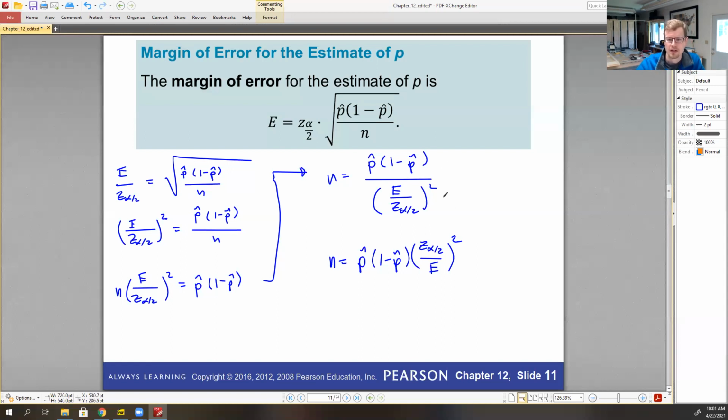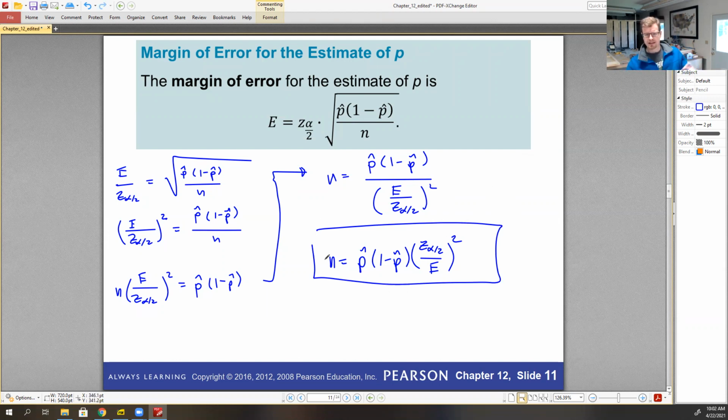Excellent. If you're curious about how it works with it being squared, you can recognize that the square would distribute in, and it would give you this. But rather than writing it that way, we just leave it as the square on the outside. Excellent. So this gives us n.